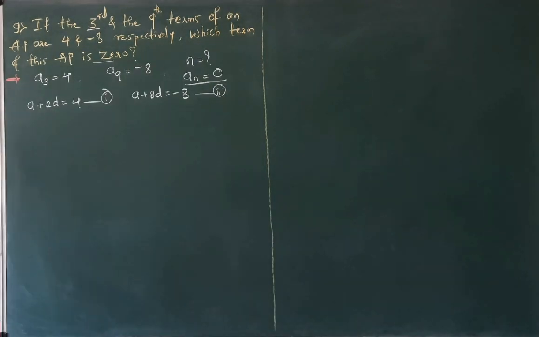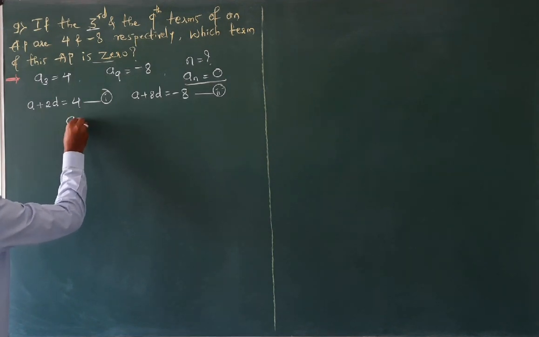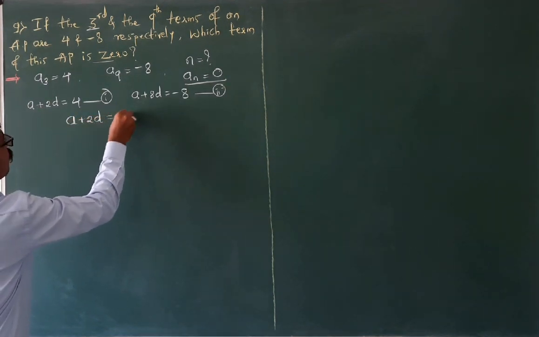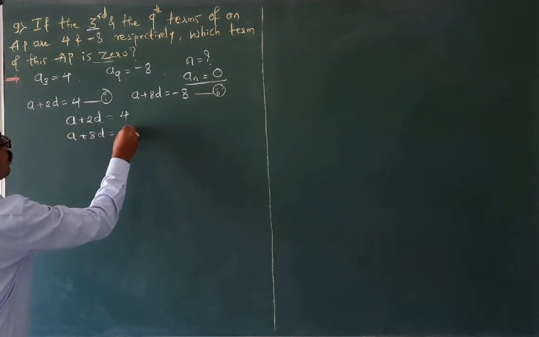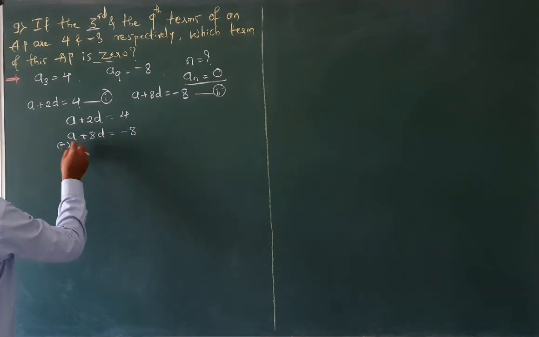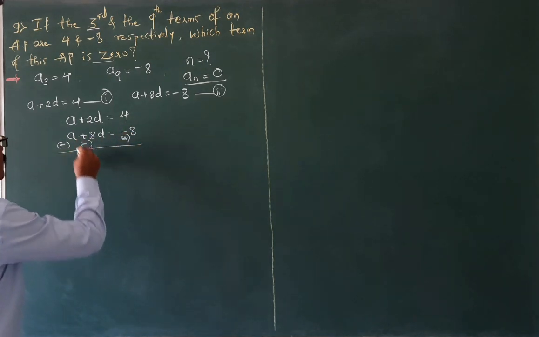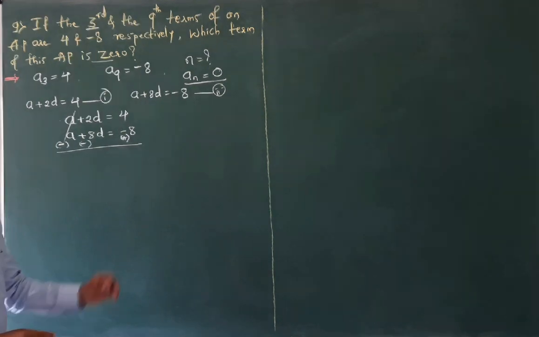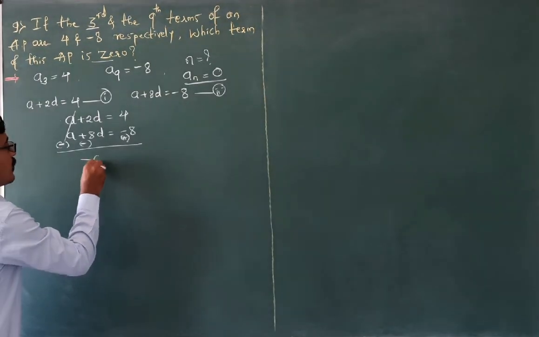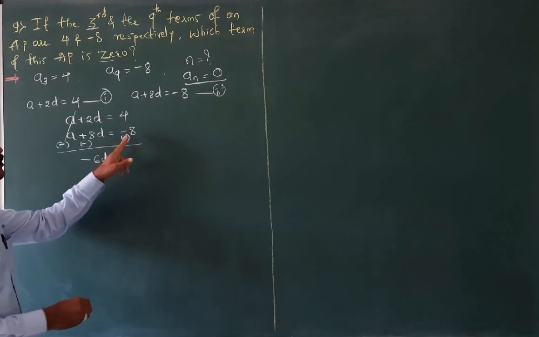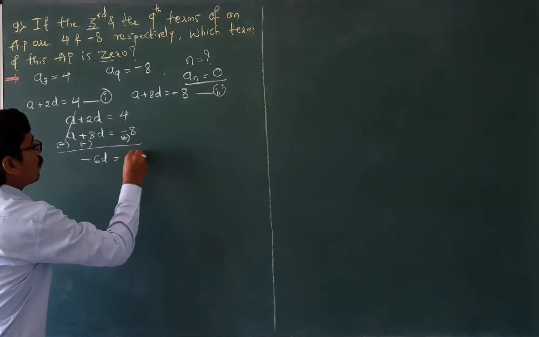By solving 1 and 2 we will get the solution, that is a plus 2d is equal to 4, then a plus 8d is equal to minus 8. Sign changes, minus becomes plus. So plus a minus a cancels. So minus 8d plus 2d you will get minus 6d, which is equal to plus 8 plus 4, you will get plus 12.